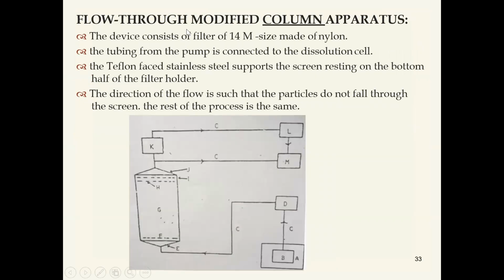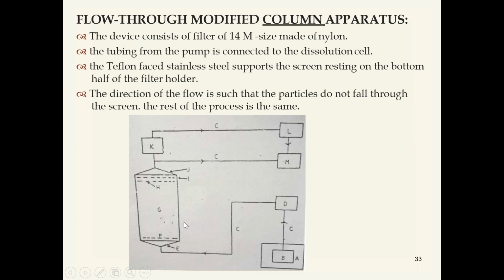Next one, flow through modified column apparatus. In the figure there are parts A, B, C, D, K, L, M, G. There are so many parts.